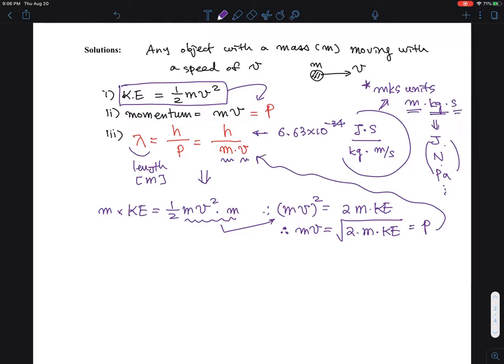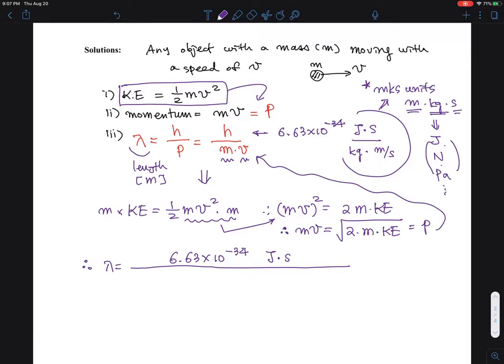So the shortcut way is: h is once again 6.63 times 10 to the minus 34 joule times second. As long as I stick to the MKS units, I'm okay.